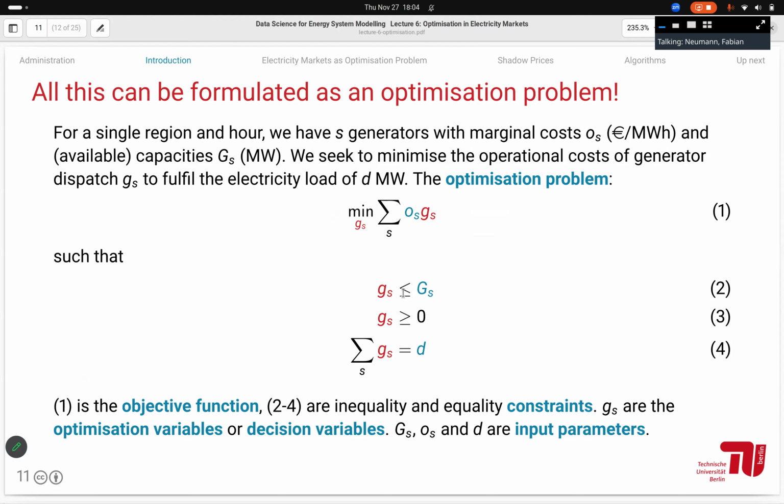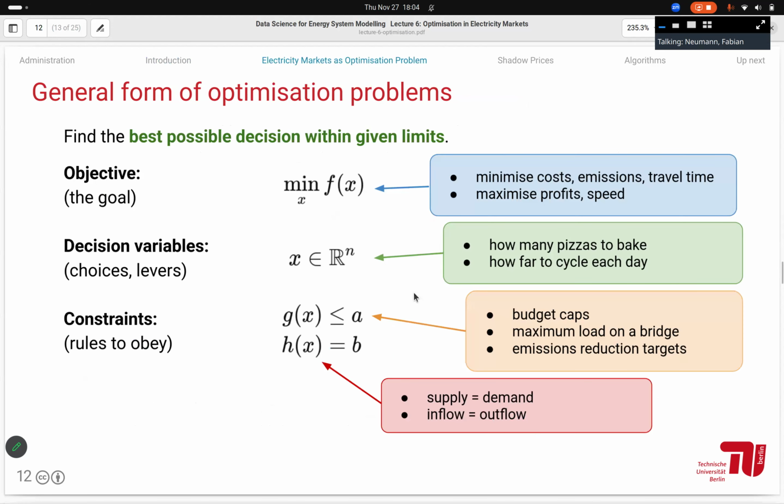And inequality constraints would be, for example, that our generation should be non-negative, bigger than 0, and each power plant should produce less than its capacity. And this is the optimization problem that we've solved so far. There are a few complications that we can add to that, but we'll get to that in a moment.